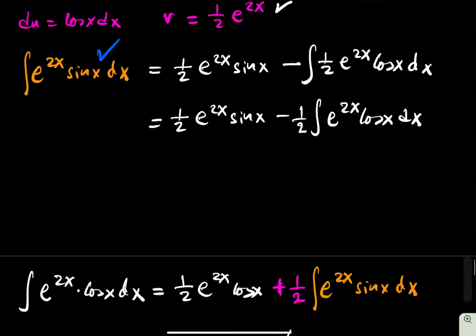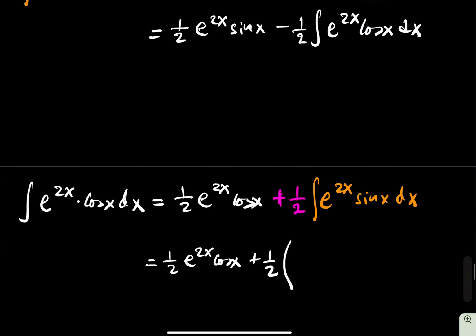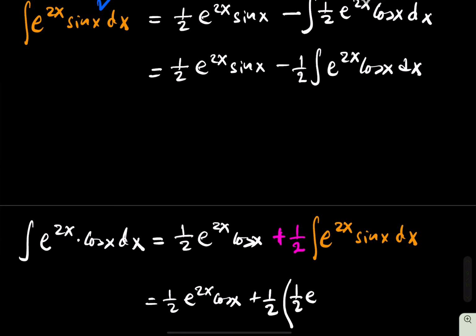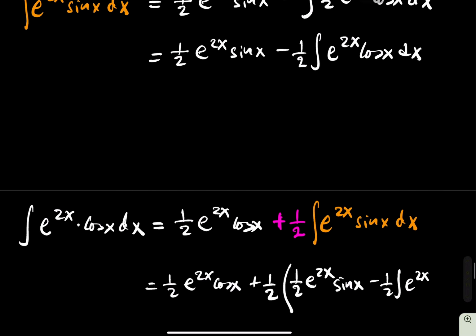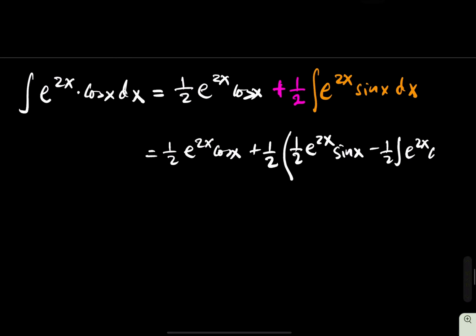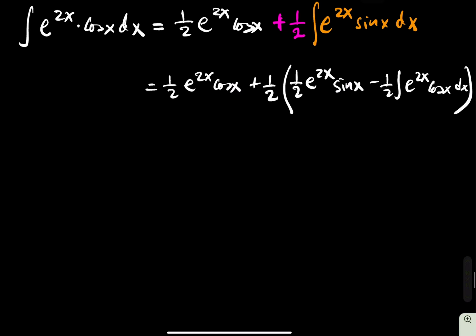You found that to be 1 over 2 e to the power 2x sine x minus half the integral of e to the power 2x cos x dx. You close that. All right, yeah, it was worth it, guys. It was worth the struggle here.